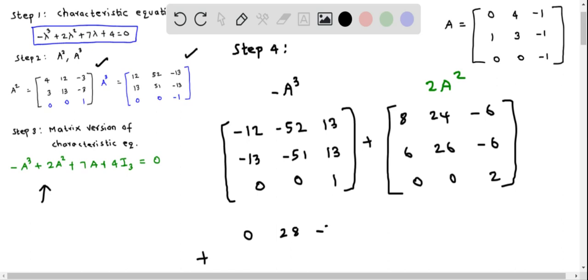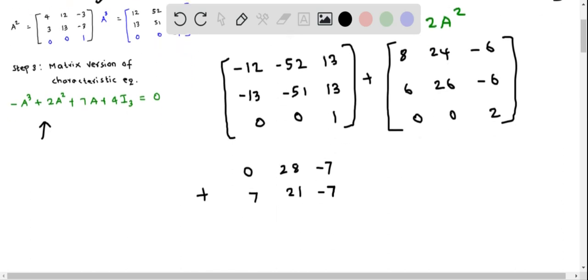And when we multiply the second row by 7, we get 7, 21, negative 1 times 7 is negative 7, and the last row is 0, 0, negative 1, so it becomes 0, 0, negative 1 times 7 is negative 7. So this is 7A. And finally, we have 4 times I3.